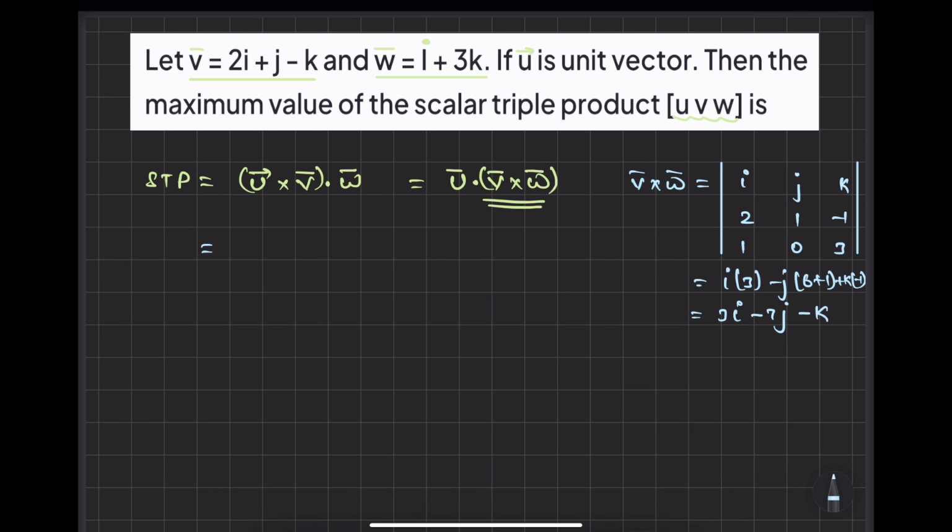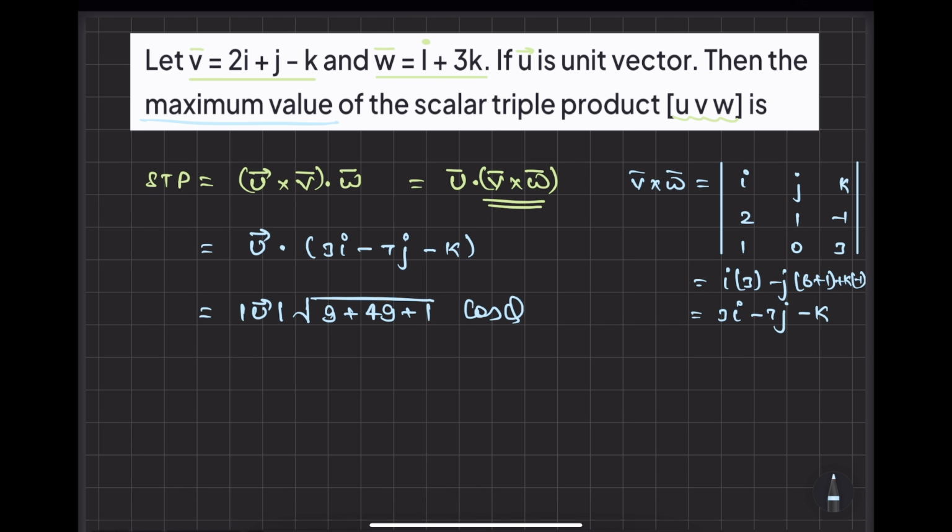Now can we write u dot 3i minus 7j minus k? Now, we are interested in finding the maximum value. So can I write magnitude of u, magnitude of this thing, root of 9 plus 49 plus 1, and then cos theta, the angle between these two vectors.